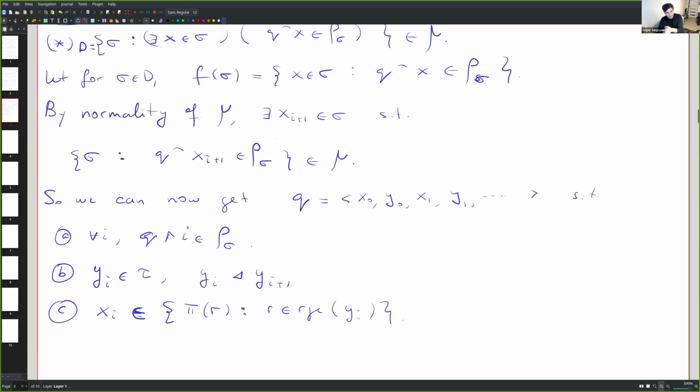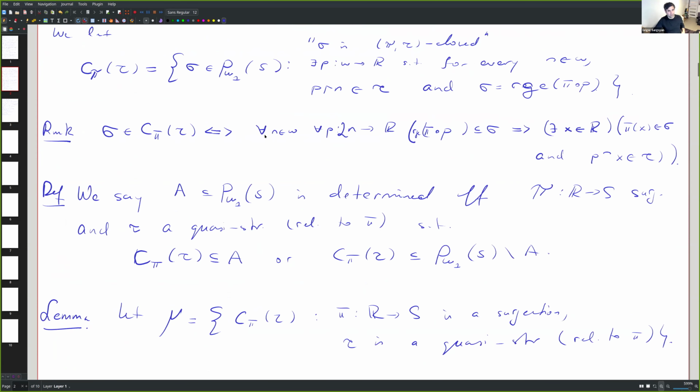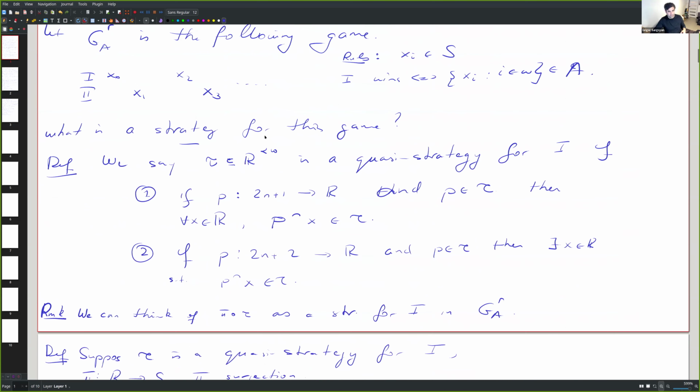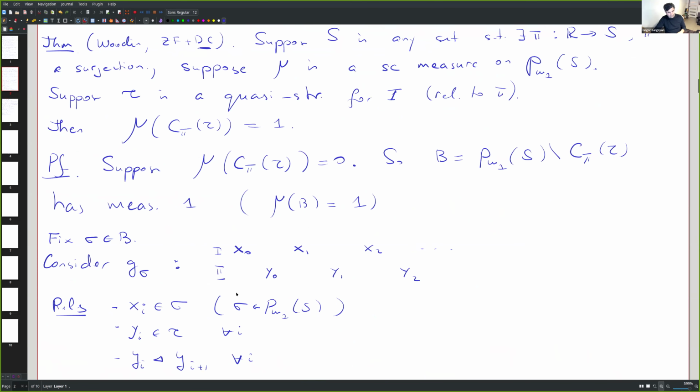Okay, then tau is a strategy, so player 2 is extending it, because tau is a strategy, so there is some extension for it. Every time you give me, let's say x0, then I'm supposed to be able to find my y, right? So that's what 2 does.